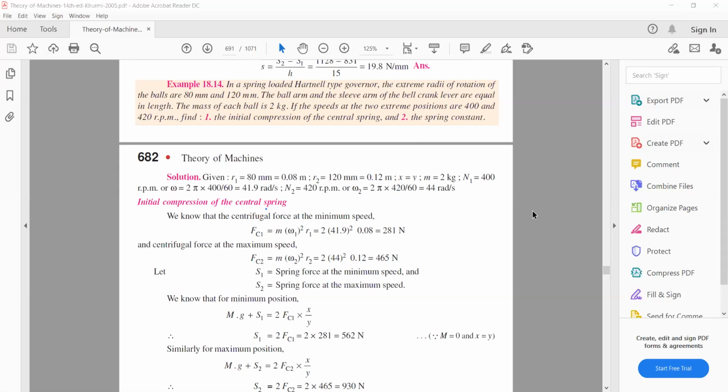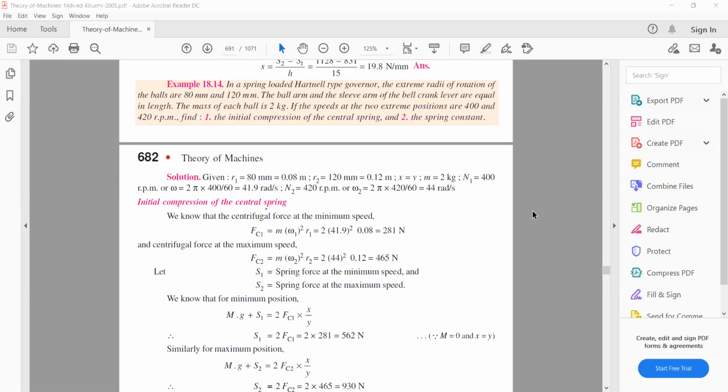The mass of each ball is 2 kg. If the speeds at the two extreme positions are 400 and 420 RPM, find the initial compression of the central spring and the spring constant.